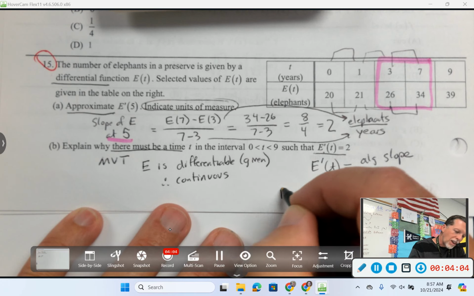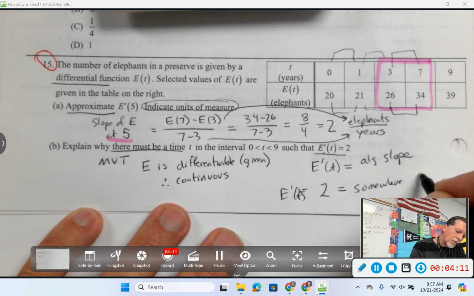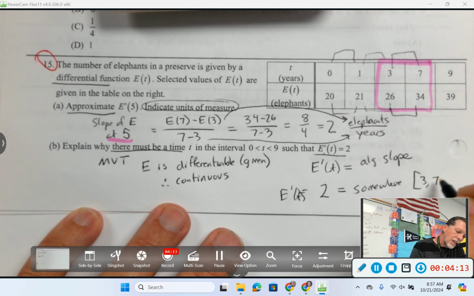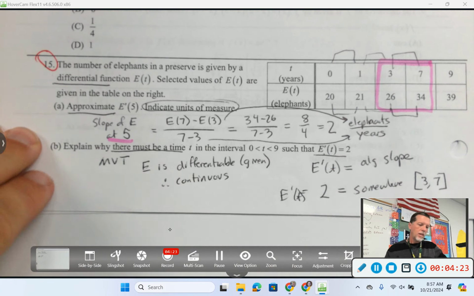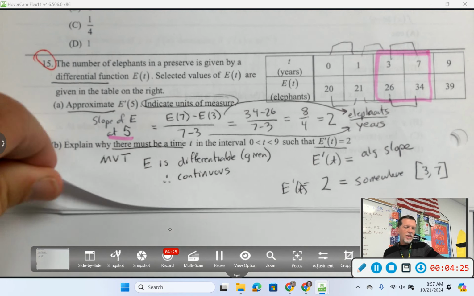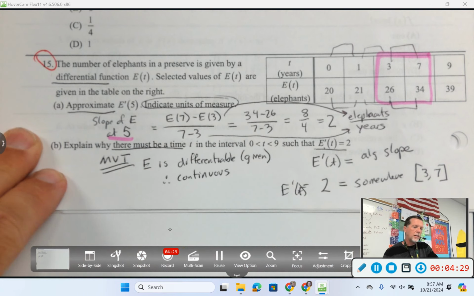So we could just say e prime is 2 somewhere between 3 and 7. Because the algebra slope is 2, therefore the calculus slope has to be 2 somewhere. We don't know where. So that's an MVT problem, even though it never said MVT.